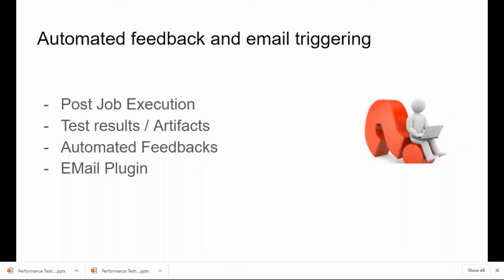Otherwise, nobody will know what has happened to your job, right? Your test is completed. What has happened to the test? Has it passed or failed, right? That kind of initial information has to be sent to your stakeholders, your release managers, your performance lead, or your project manager. So we'll also see how to handle this via Jenkins.